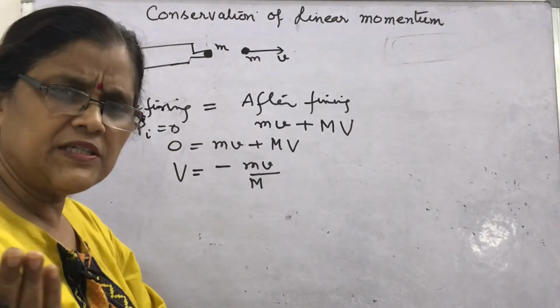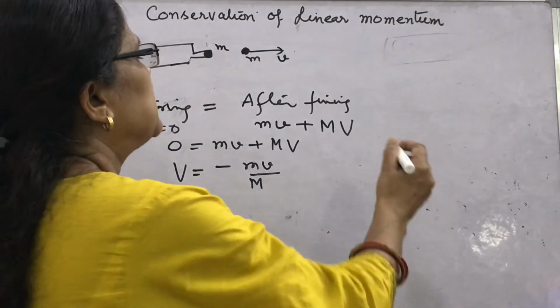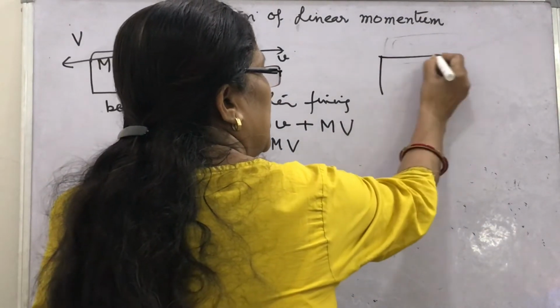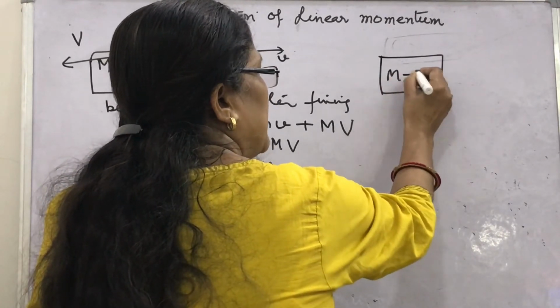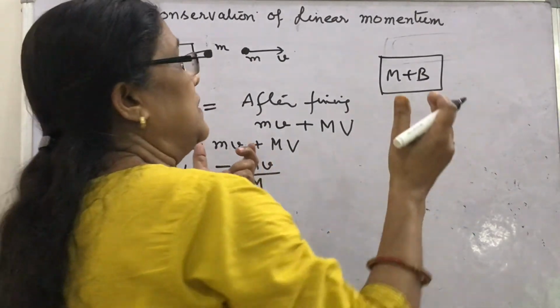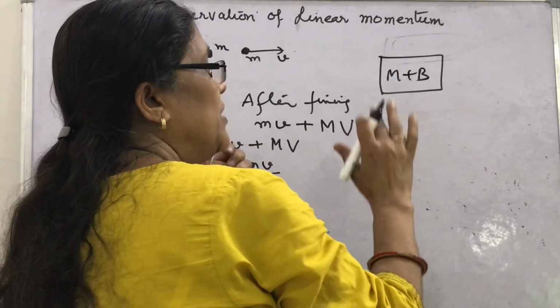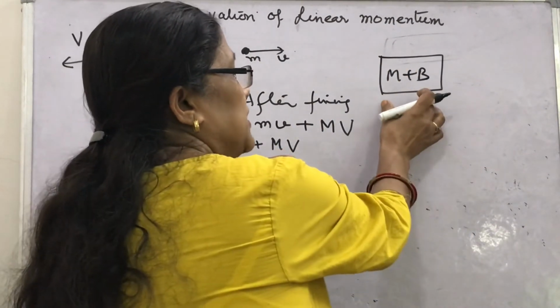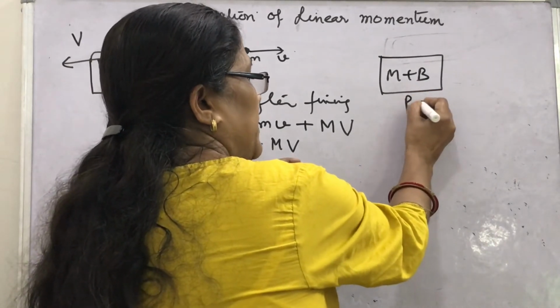In the second application, you can see that suppose there is a person in the boat, a man plus boat. Whatever is conservation of linear momentum, you can say that initially their momentum is 0.